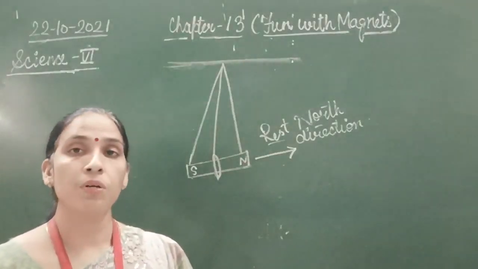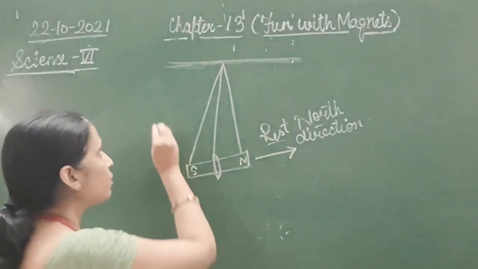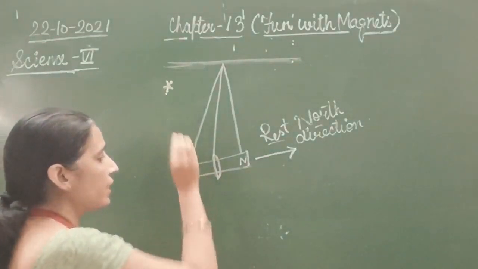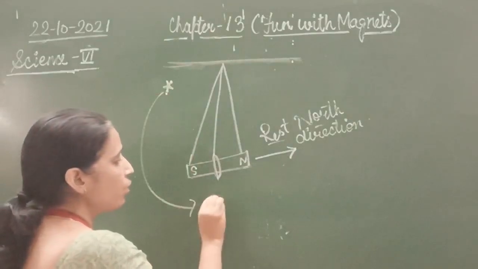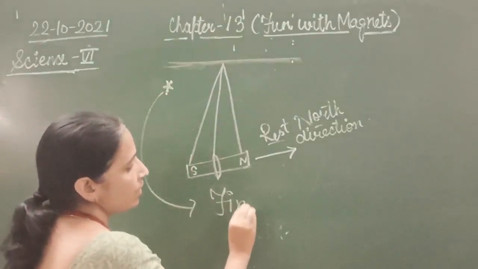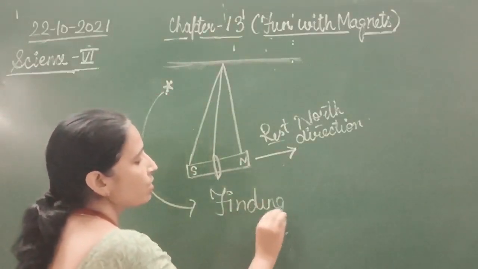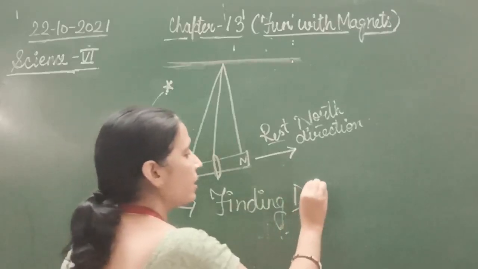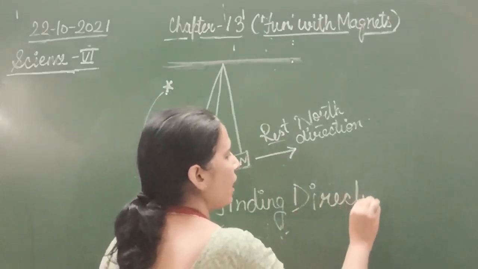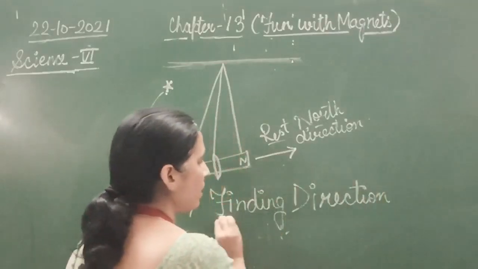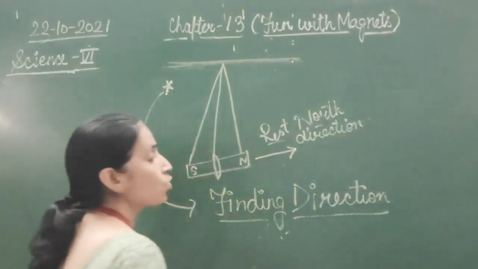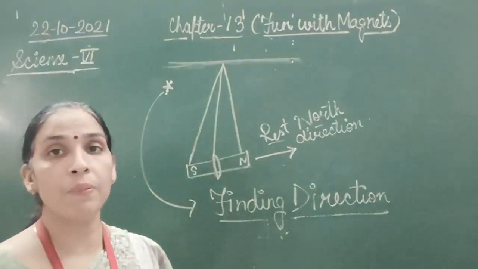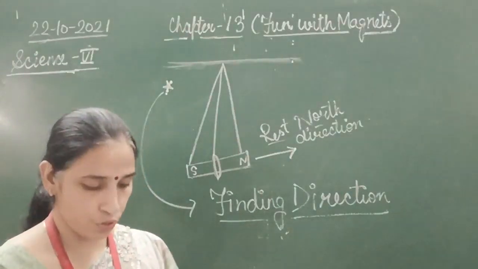Due to this property of a magnet, it is used for finding direction, and we use it in the compass also for finding directions.